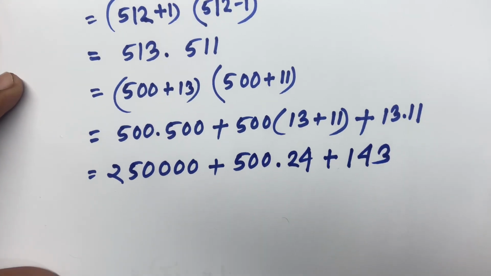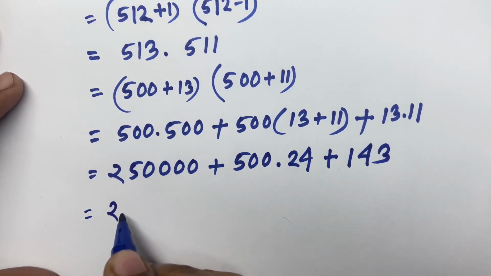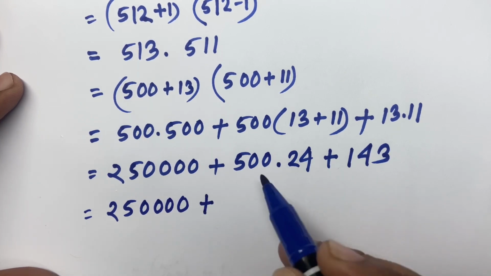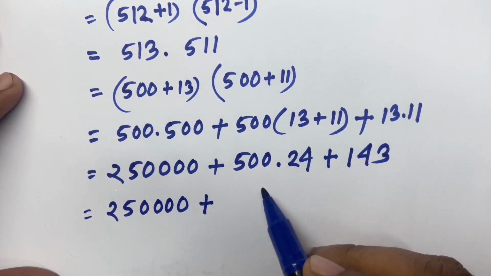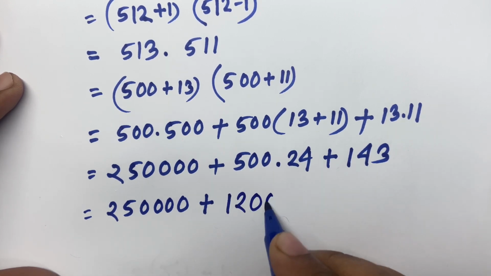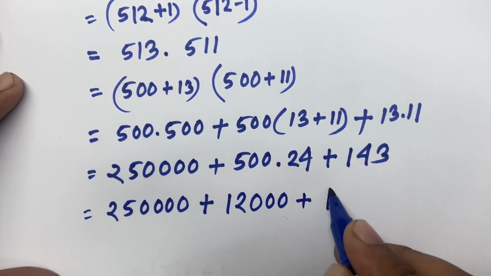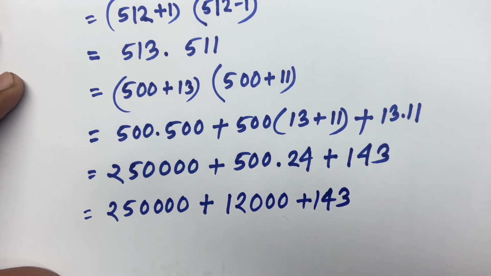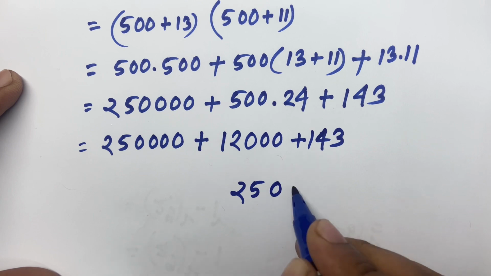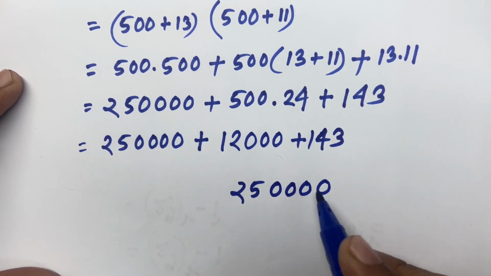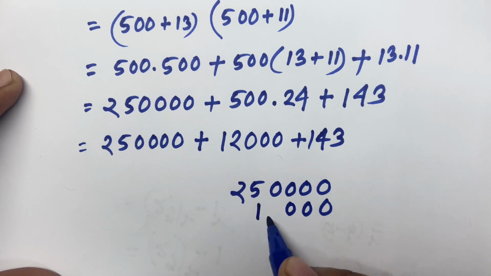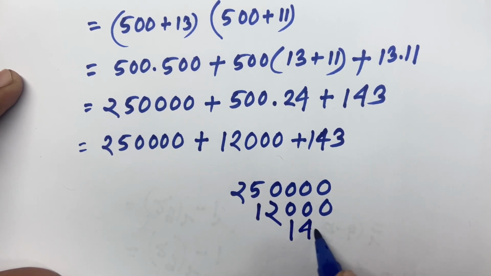Now 500 times 24 equals 12,000. So now if I add, here is 250,000 and here is 12,000, and here is 143.